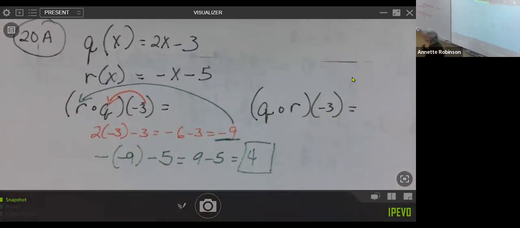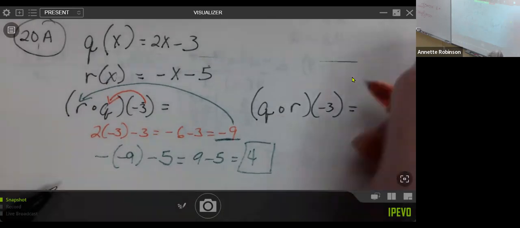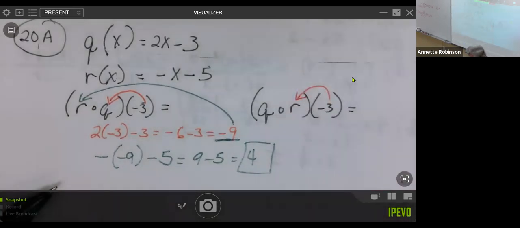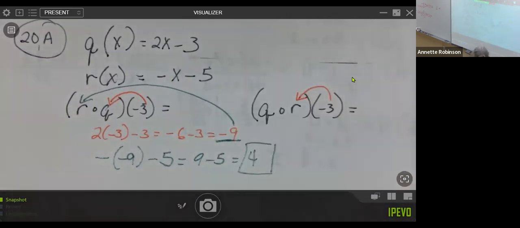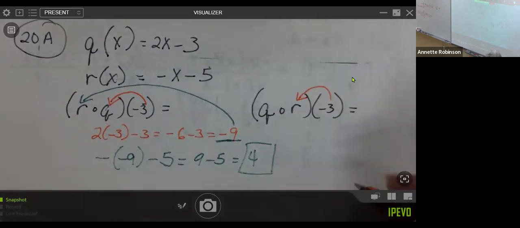You have just positioned your first 2 functions. That is, we'll get there. So in this case, I'm going to start with -3, but I'm going to put it in R first and get an answer. And then we're going to put that answer into Q. So start with R first.